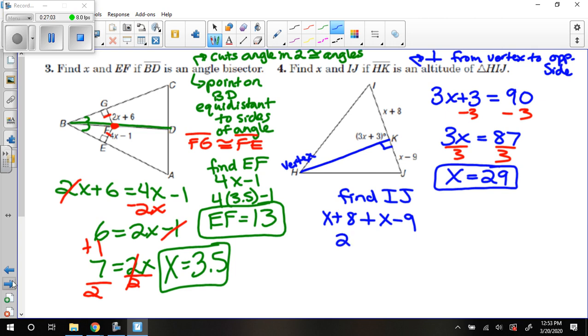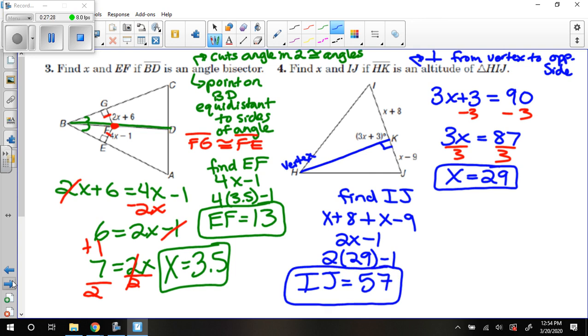So this would be 2x minus 1 if I combined all my like terms. Now I have an x to plug in, 2 times 29 minus 1. So IJ is going to equal 57.